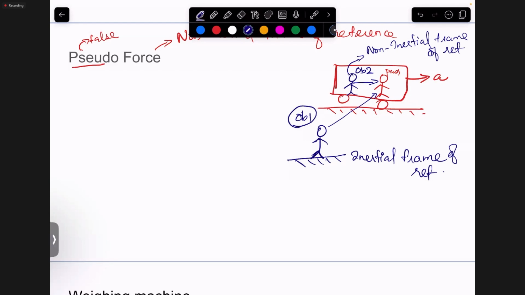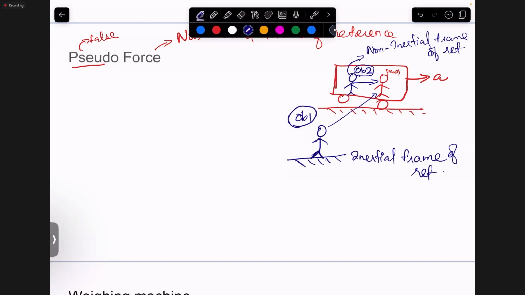For example, when observer 2 is observing the passenger and perceiving this passenger to be at rest, that means that the force of A is counterbalanced by an external force, which is why this person is seeing this passenger at rest.